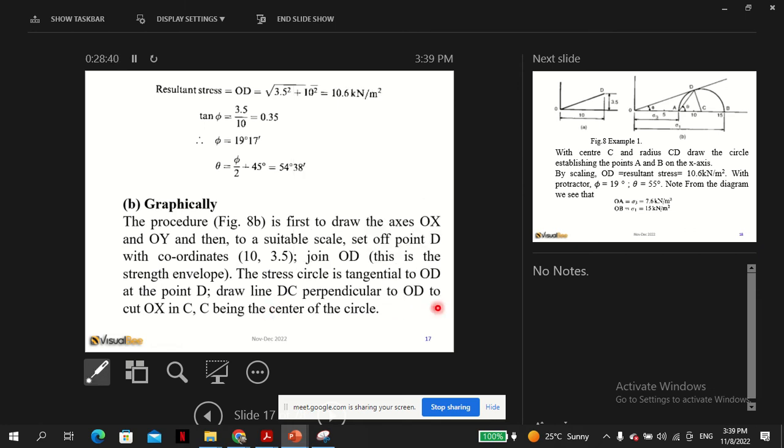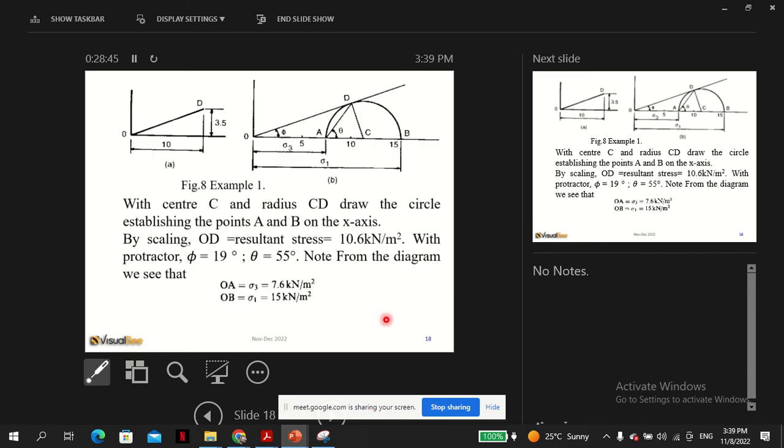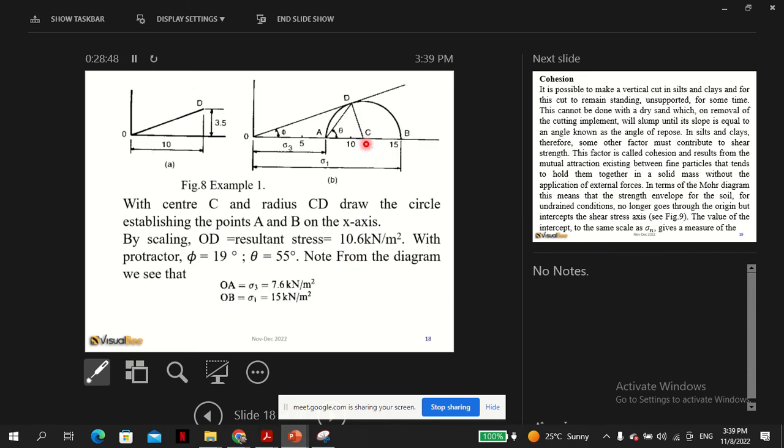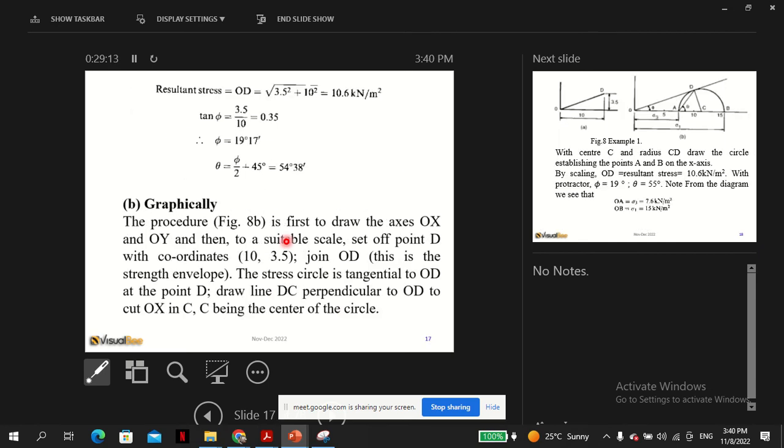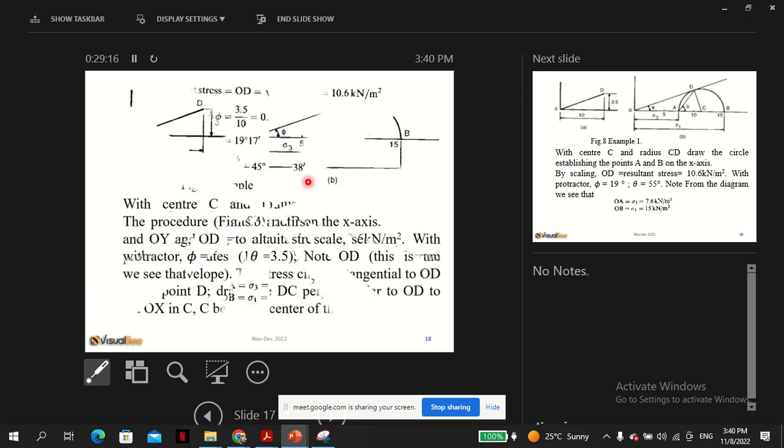So the stress circle is tangential to OD, line perpendicular, and C being the center. Once you draw this, then you can scale. And a good student, after this, can make sure you can do all this, and you can solve. With that, the angle phi we can easily measure. Once you do it graphically, then you can measure the angle phi, and the angle theta should not be very far from these values here. Here we get 54 using calculation.